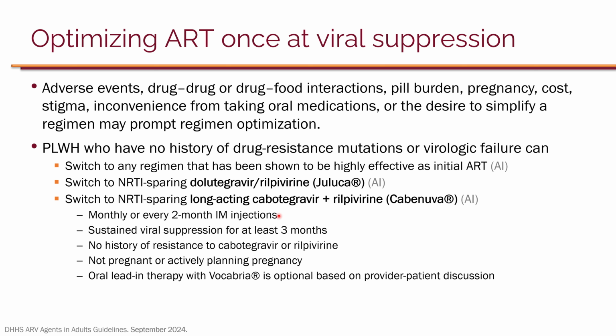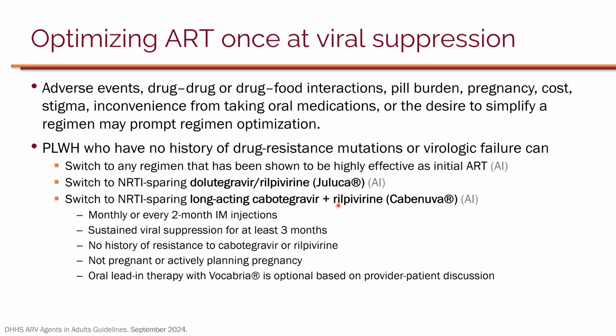Now, because these are long-acting, there's always the risk that if somebody's going to have a hypersensitivity reaction, then this drug is in the system for 2 months. So if there is a concern for that, there is a short-acting oral option. This is taken daily, just to make sure that the patient tolerates it.